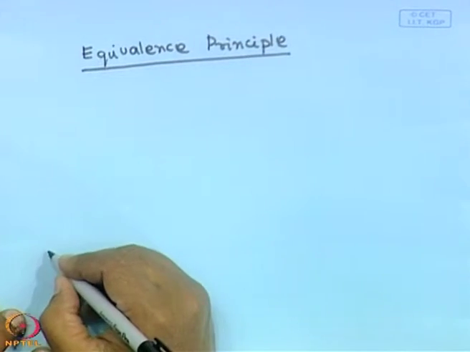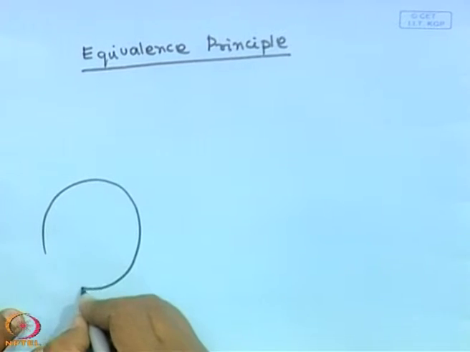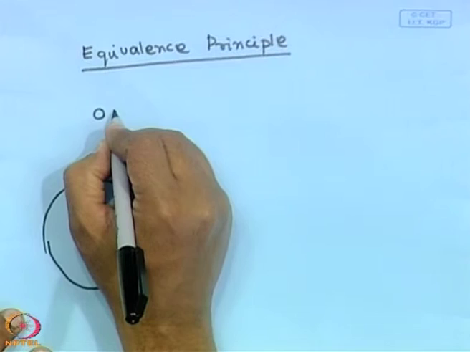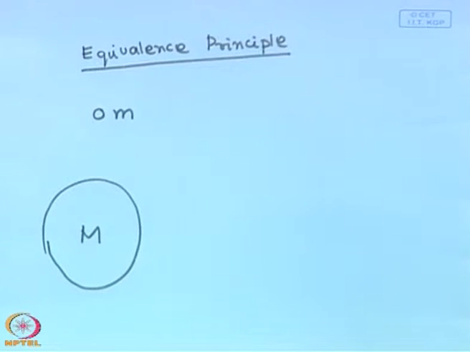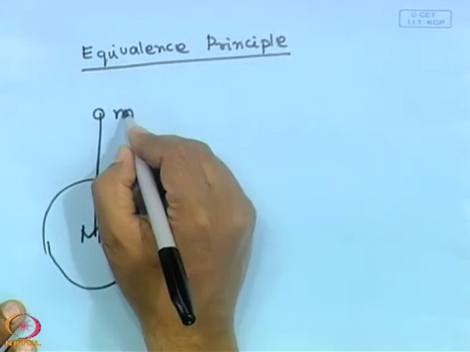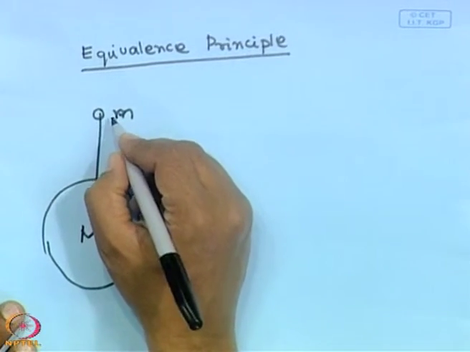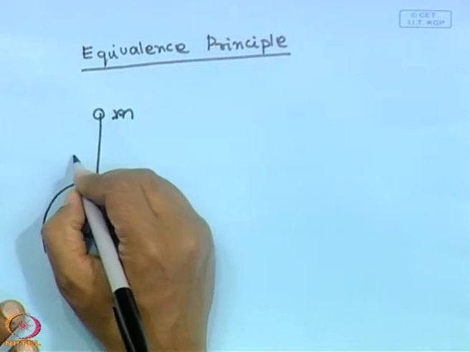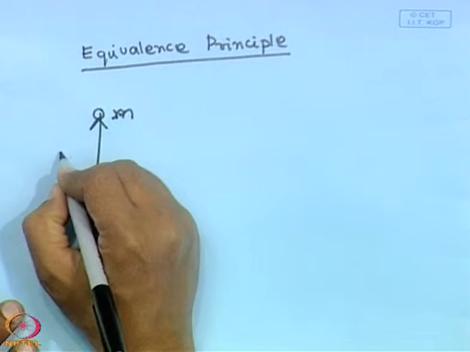So, there is an object here of mass m, and there is another object of mass small m, let us say. One of them need not be small, not required. They may be the same, this may be larger than this, it does not matter. Let us write down the equation of motion of this object in the gravitational field of this. Let me call this vector r.